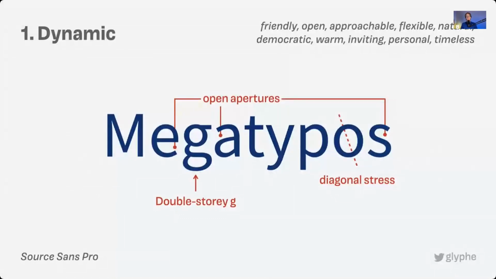The reason for that, and Indra Kupferschmidt also explains this very deeply in her talk, is how it derives from handwriting, from the broad-nib pen. But I don't want to go there with the tools and stuff. I think this is rather advanced. It's sufficient just to see open apertures, double story G, diagonal stress, even in sans serif.